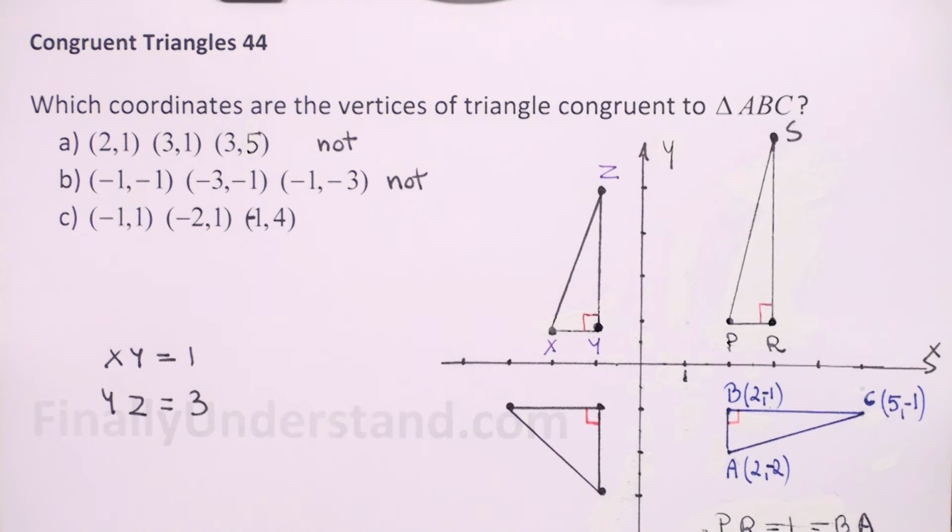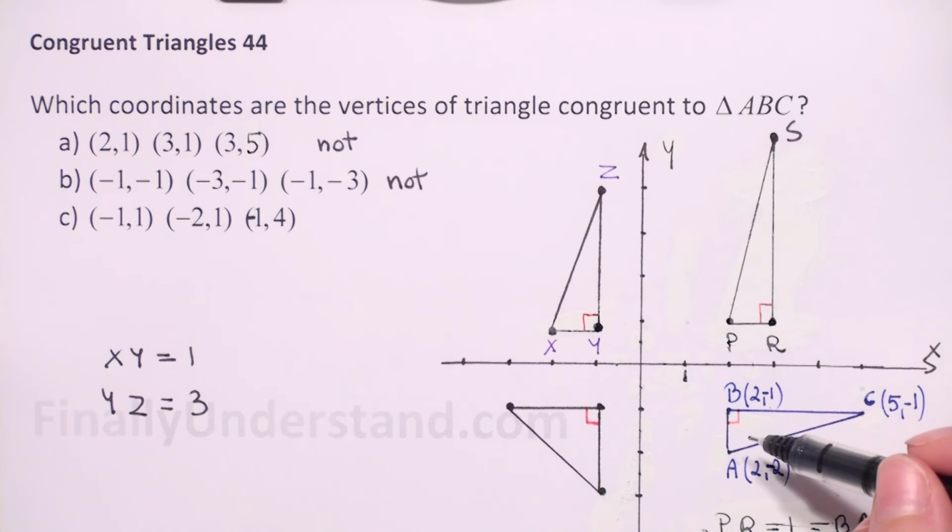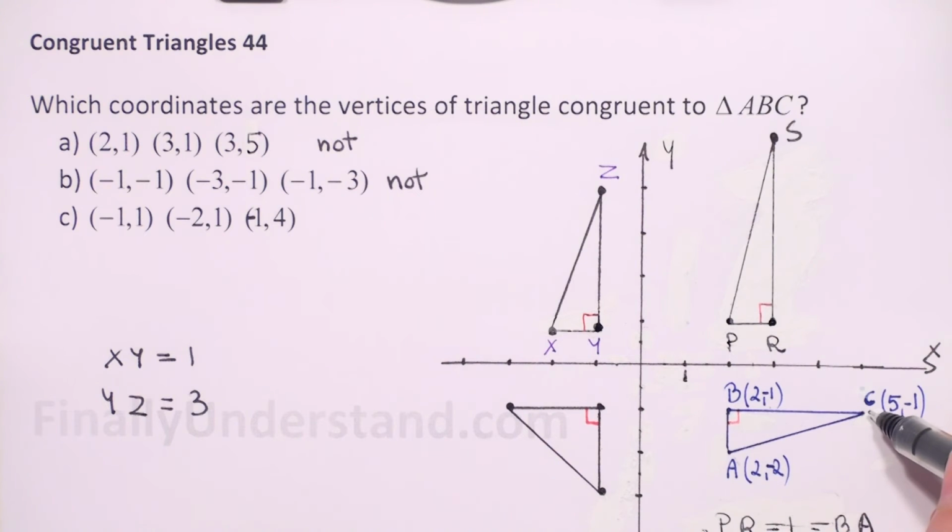So we see that our triangle XYZ has the same legs as BAC.